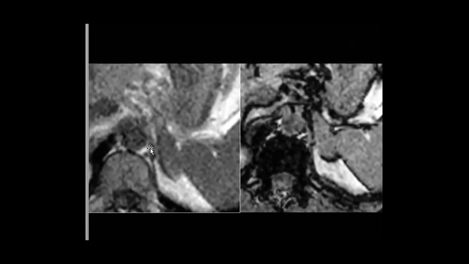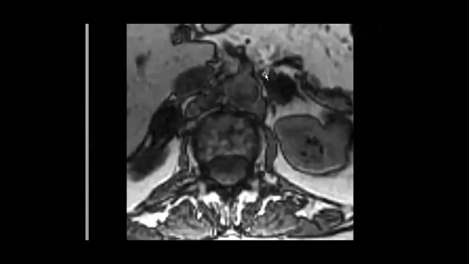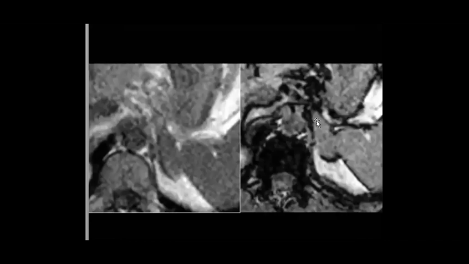So when you find this, again the helpful sequence will be the out of phase. There is no drop of signal here. Compare this one with this one, where you can see the drop of signal in the adenoma, which is easier. But in the metastasis there is no drop of signal, which is the typical one.